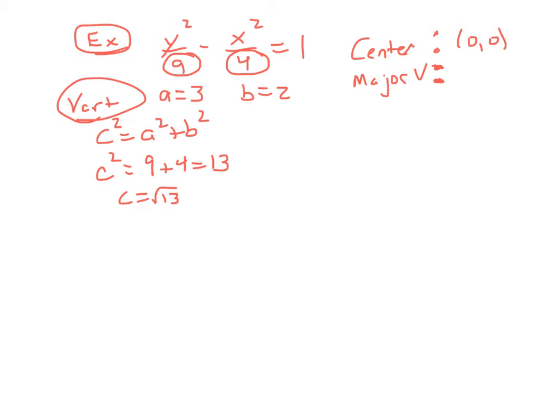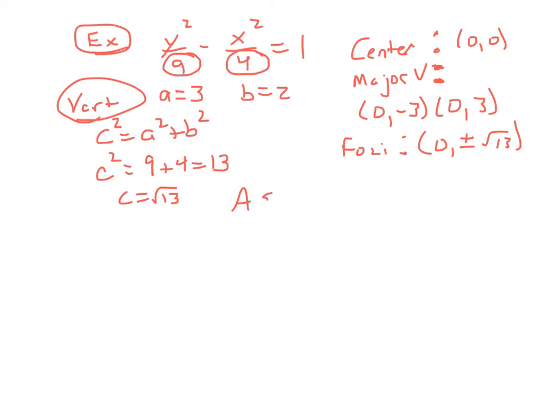So my major vertices, go back and read the bottom of that note sheet. Your major vertices are a units away, so they're going to be 3 away vertically, so that's up and down. I'm going to have one at (0, -3) if I go down, and one at (0, 3) if I go up. For my foci, they will be c away, and that's also up and down, so I'm just going to write that as (0, plus or minus radical 13).